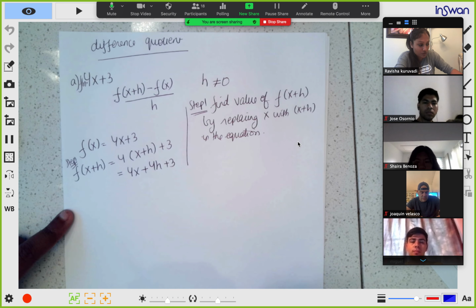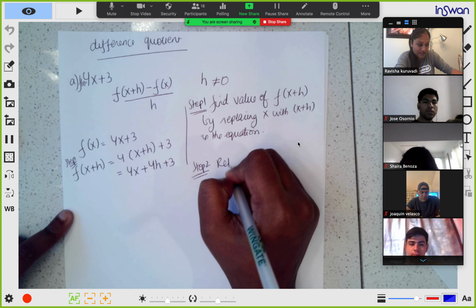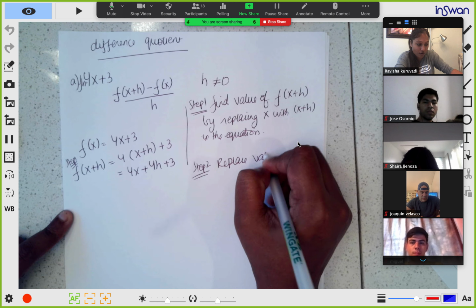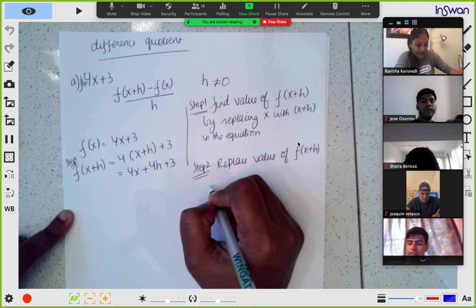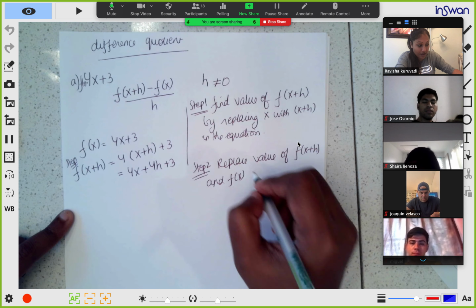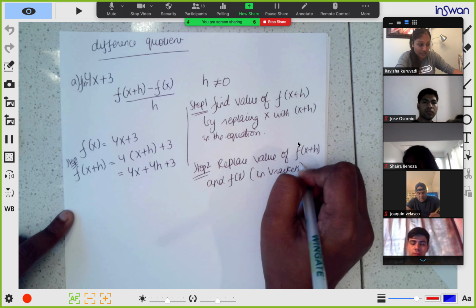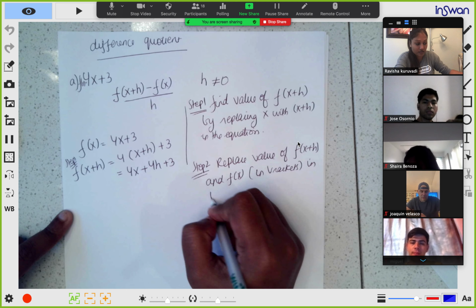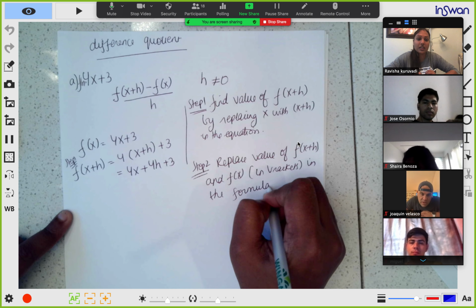Now your step 2 will be: replace the values of f of x plus h and f of x in brackets in the formula. Whenever you are plugging in, make sure you put brackets.